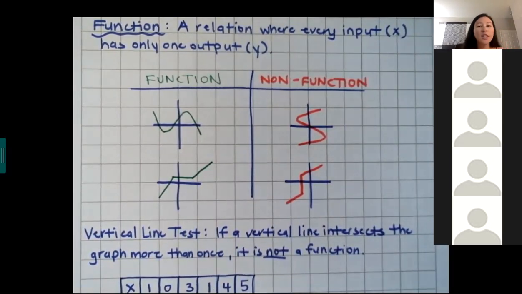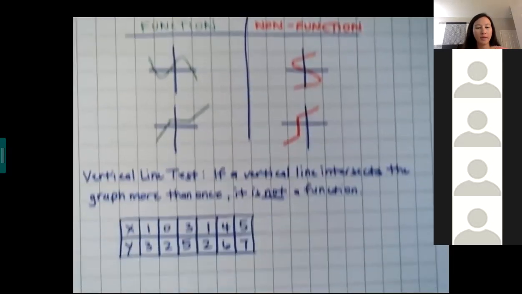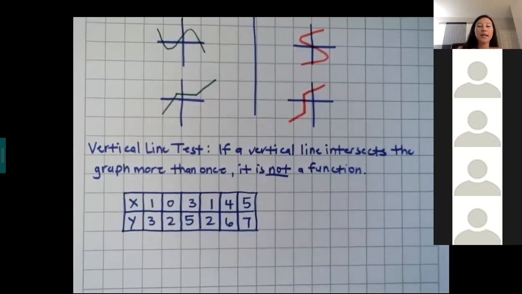Okay, so how do we look at a table and determine if it is a function or not a function?